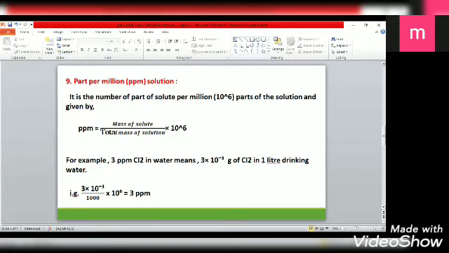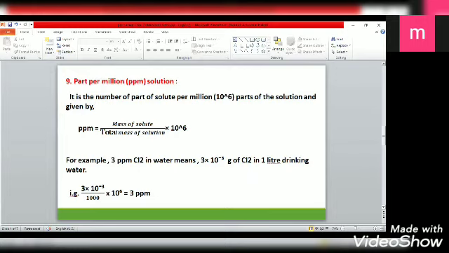It is given by the mass of solute over the total mass of the solution, multiplied by 10 raised to 6.